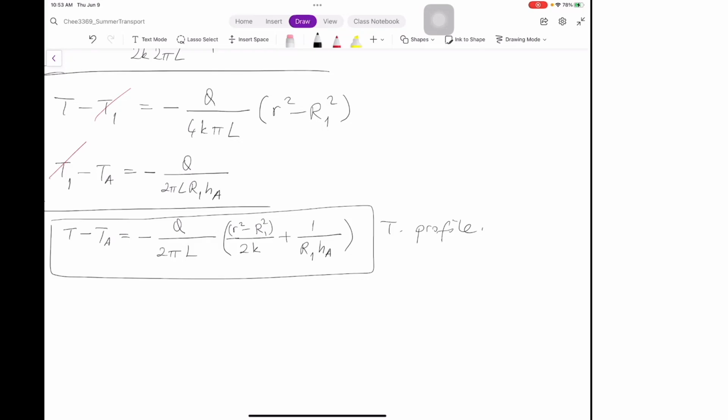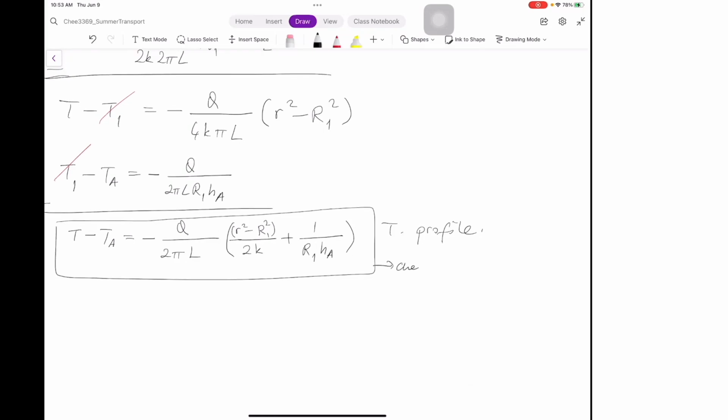Let's check whether we made a mistake. Check units. So this is watt per. No, it's just watts. Yeah, right. That's watt. This is meters. These are unitless.